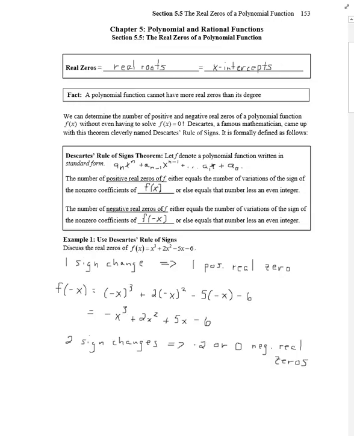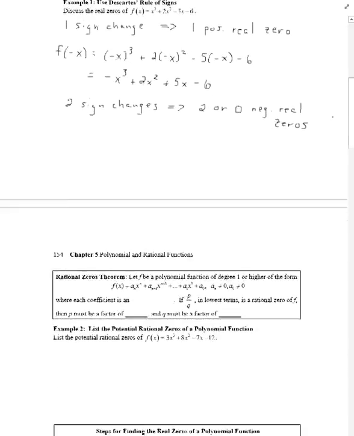So anytime we find the number of possible zeros, we always have to have that many or 2 less. Okay, I'm going to move to the next page.